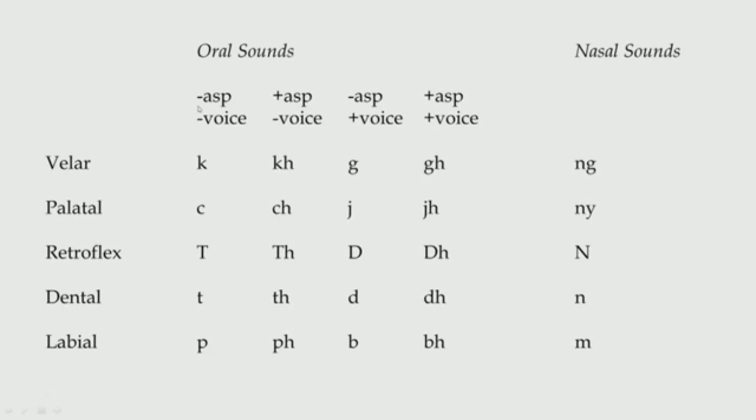So look at the first thing here. Ka is marked as minus aspiration and kha is marked as plus aspiration. So ka is not aspirated, kha is aspirated. Similarly, ga is not aspirated and gha is aspirated.